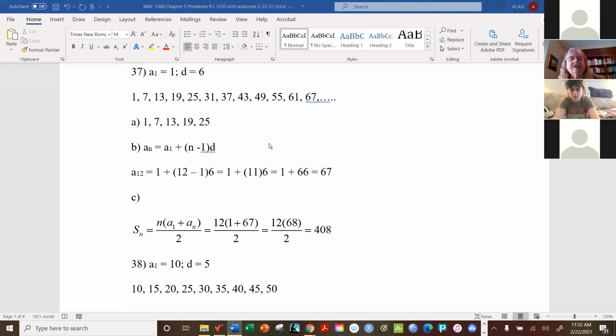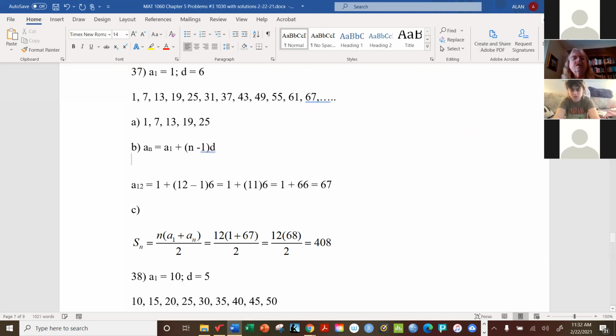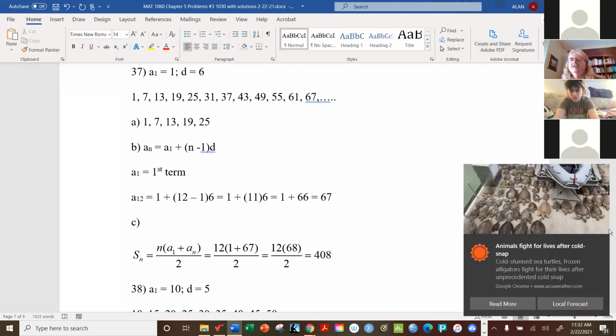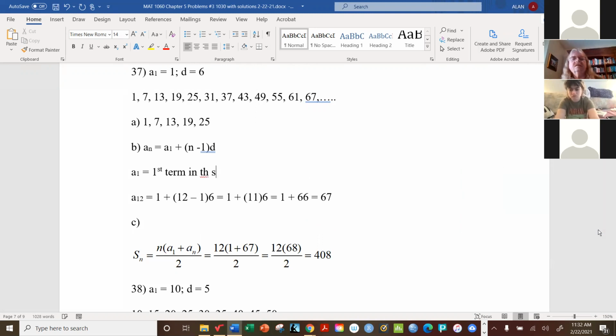Oh, yes. Yeah, good question. A1 is the first term in the sequence. So the subscript tells you which term we're talking about.